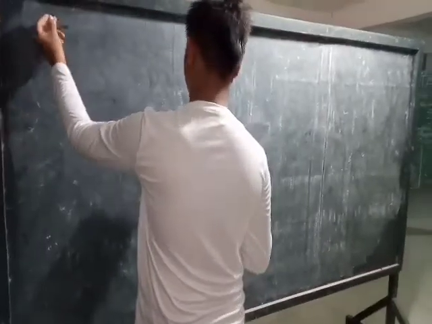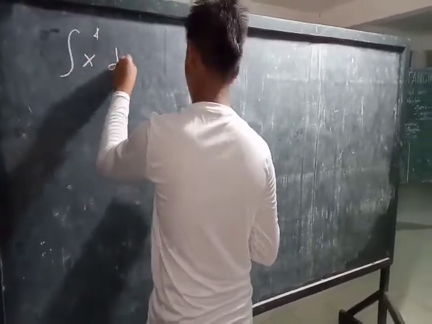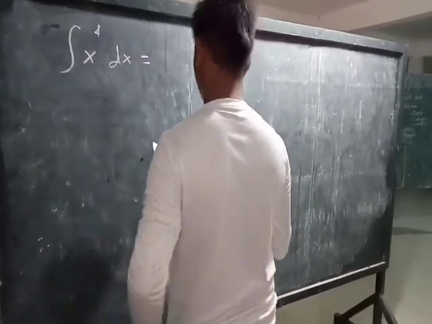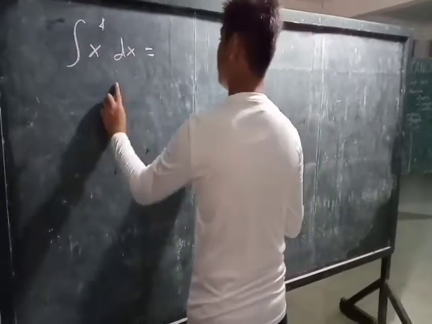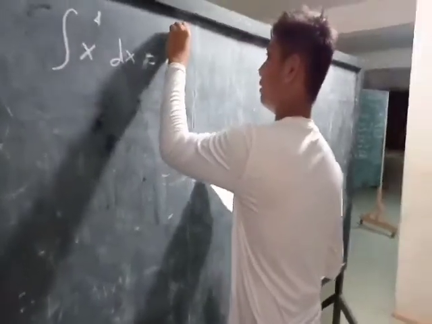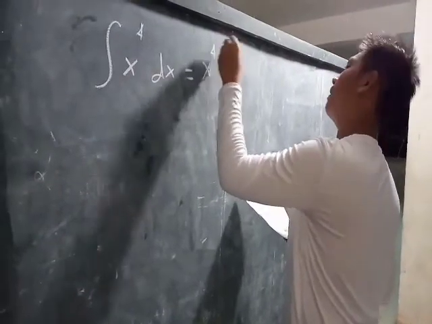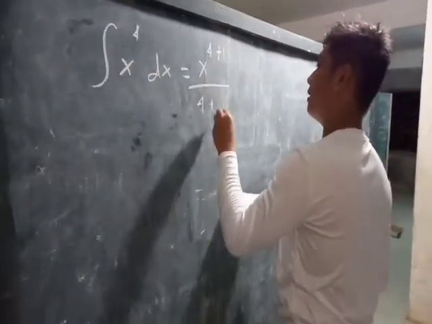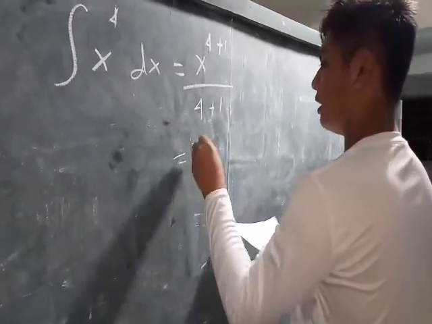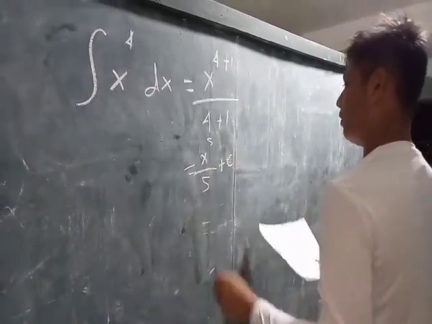Now let's find the integral of x to the 4th power dx. Go ahead and work on this problem. Using the power rule, we need to add 1 to 4. So it's x to the 4 plus 1 over 4 plus 1, which is x to the 5th power over 5 plus c.